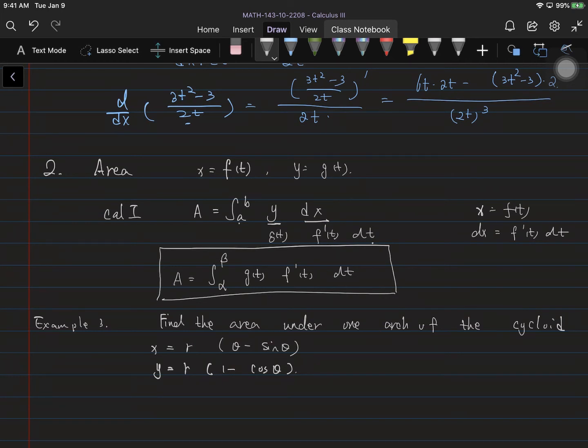Okay, so here r is the constant, and theta is the variable. We treat r as constant.